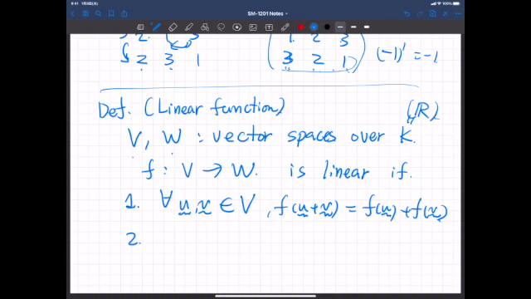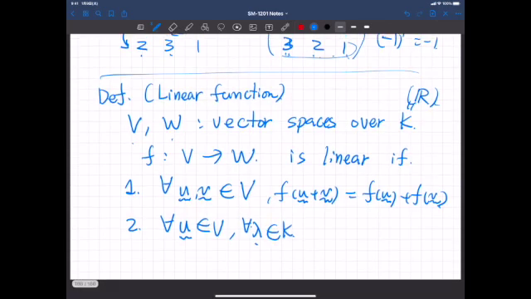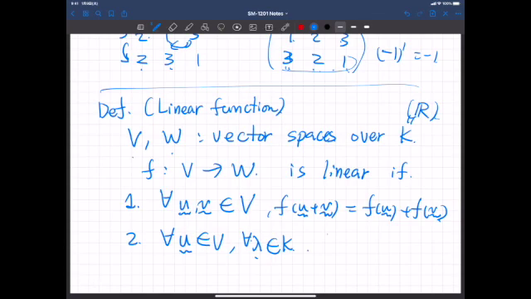And second, for all u in V and for all lambda in K, which is a scalar, f of lambda u is equal to lambda times f of u.